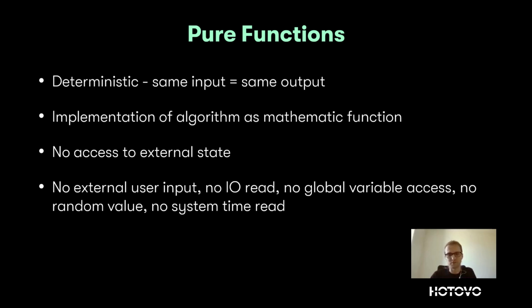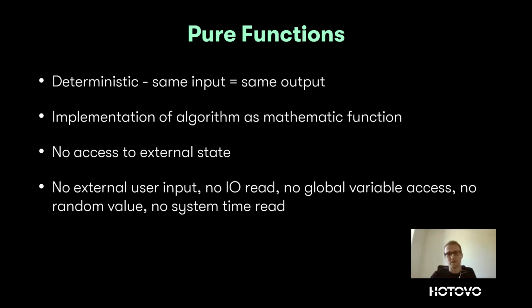There's no access to random values, because random values are usually based on some operating system level functions that depend on hardware, and there's not even a read of system time, because this can change, of course.